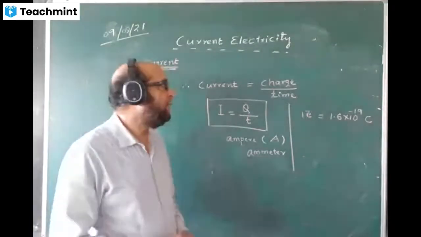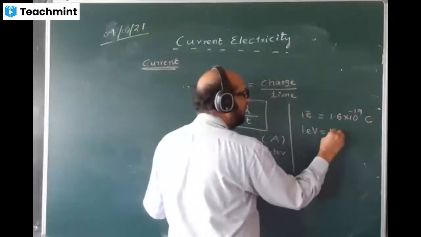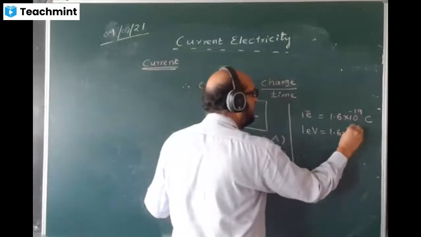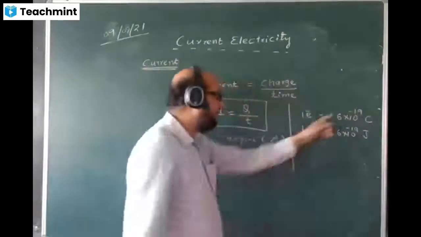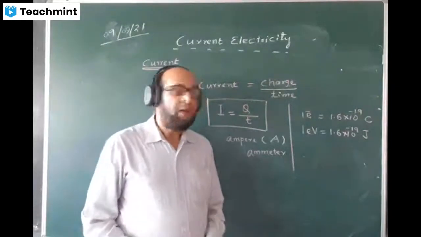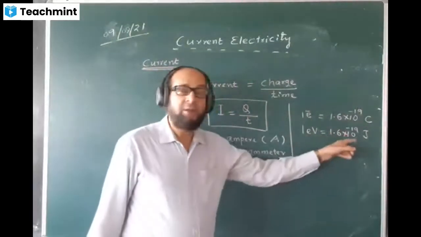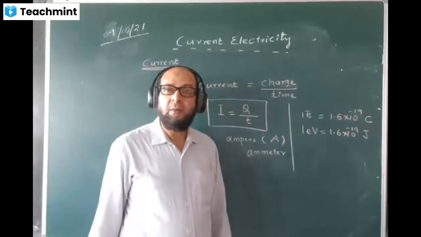And you remember the value of one eV? One eV is 1.6 into 10 to the power minus 19 joule. The same value I have given, and I told you that we write this value due to the electronic charge being 1.6 into 10 to the minus 19 coulomb.